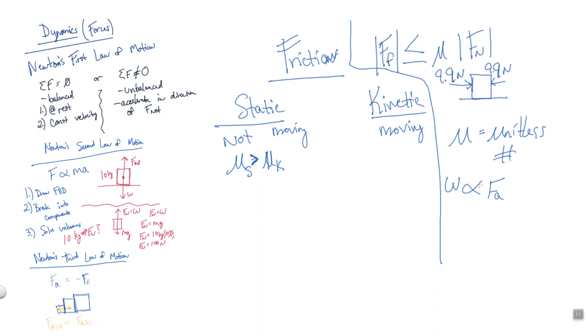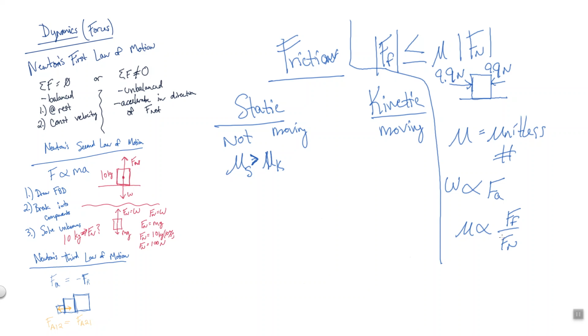So often force applied is proportional to the weight of an object. And this could be written as the coefficient of friction is proportional to force of friction over force normal. So that's where this proportionality comes from. Newtons divided by newtons gets you a unitless number.